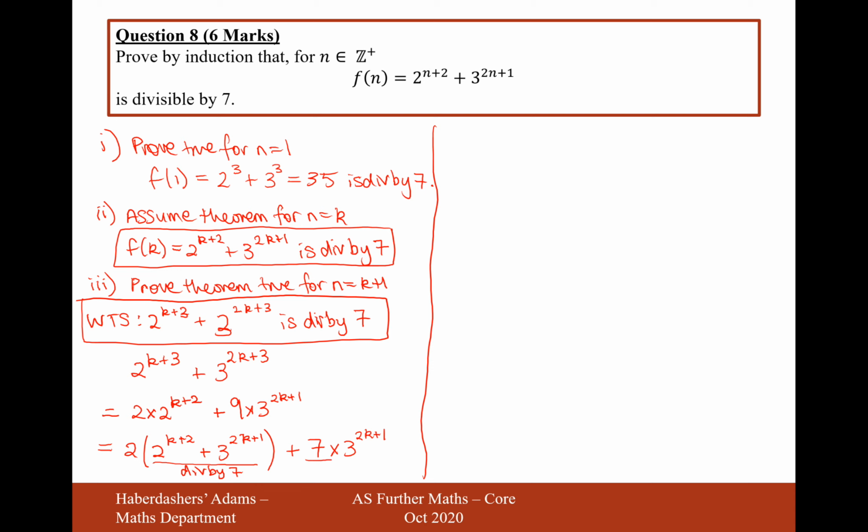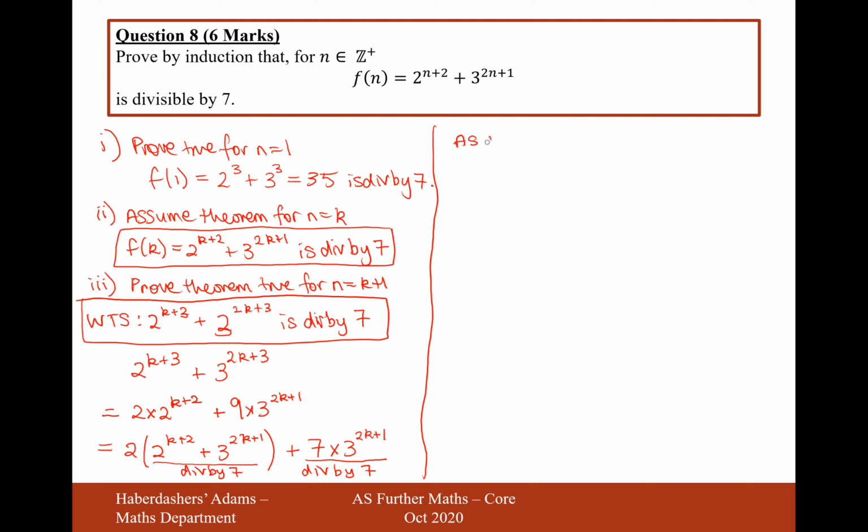And, nicely, this thing here is also divisible by 7. So there we are, we have 2 things that are being added together there, both being divisible by 7. We just need to write a little conclusion to that effect, just to finish off part 3.